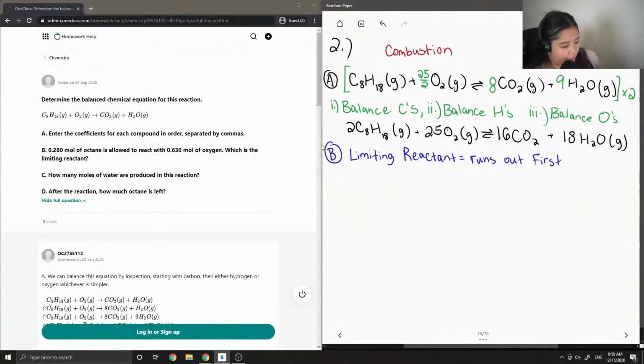So basically I try to find the number of moles of one of my products, and the one that has the lesser amount is the limiting reactant. So let's start off with the octane first. So we have 0.280 moles of octane.